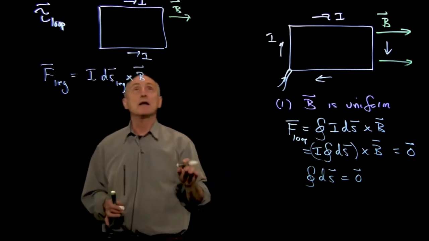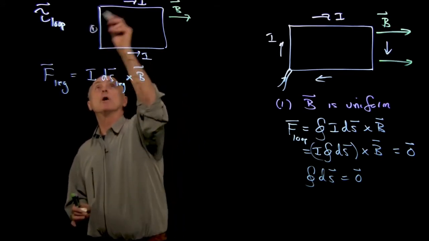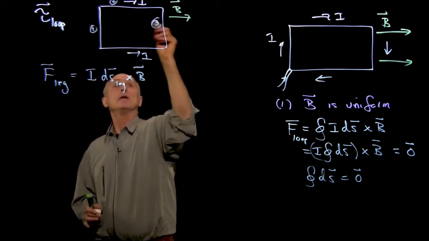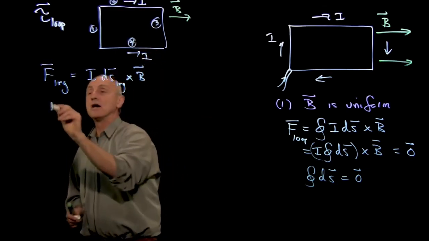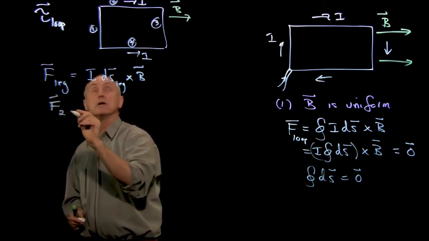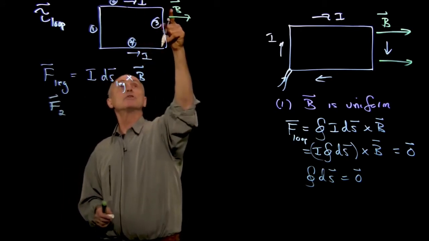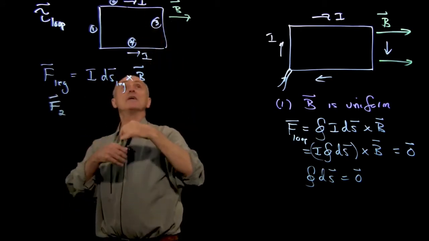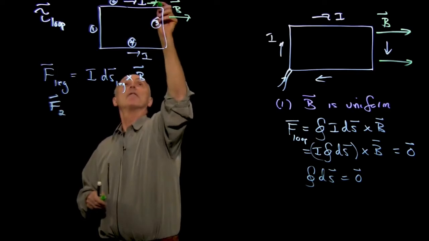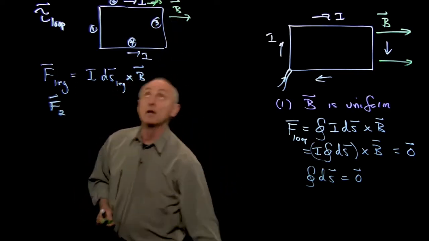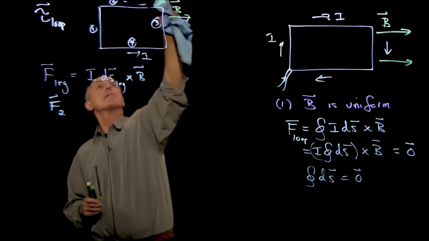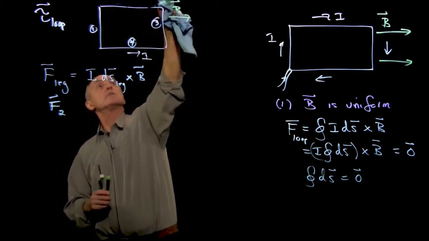So when we look at that, if we label this leg 1, 2, 3, and 4, we see that for the force on legs 2, I is in the direction of B, and remember, the ds is always in the direction of the I. And let's just make sure that we can see this.